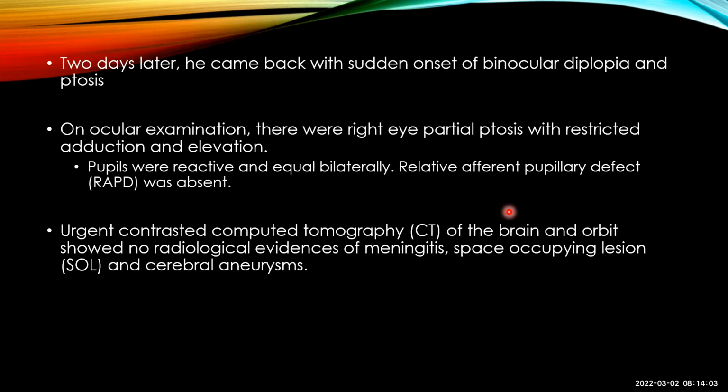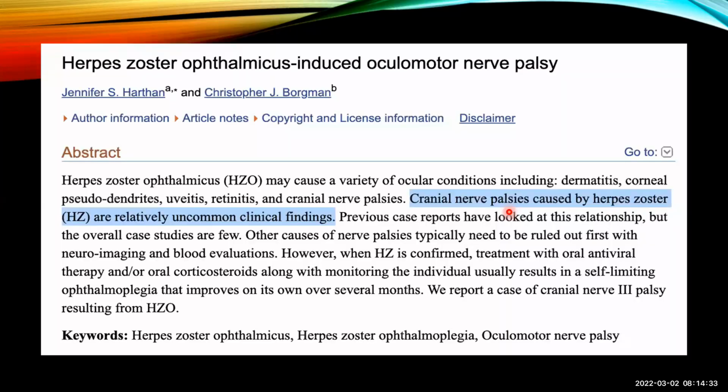As cranial nerve palsy caused by herpes zoster is relatively rare, and given the high-risk patient who is old, we proceeded with urgent contrasted computed tomography of the brain and orbit. There was no radiological evidence of meningitis, space-occupying lesion, or cerebral aneurysm, and hence we treated the patient as right eye partial third nerve palsy, pupil sparing, secondary to herpes zoster.